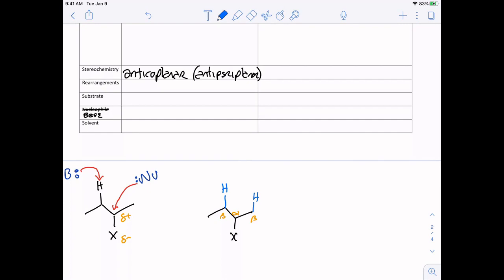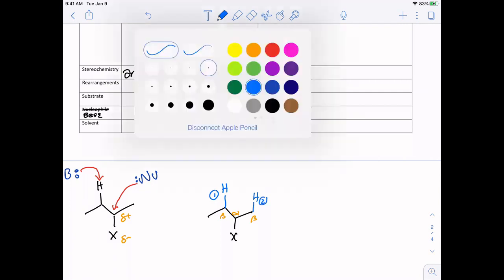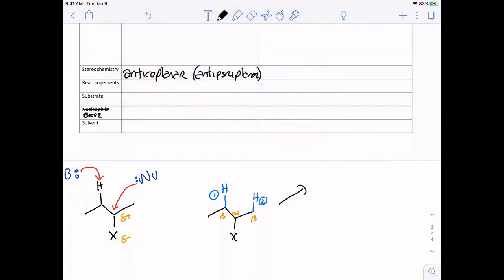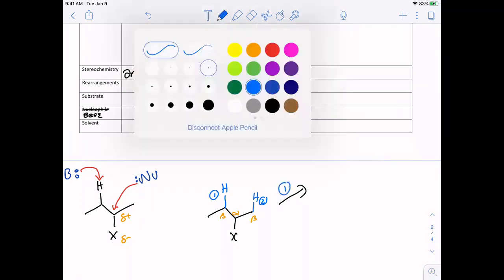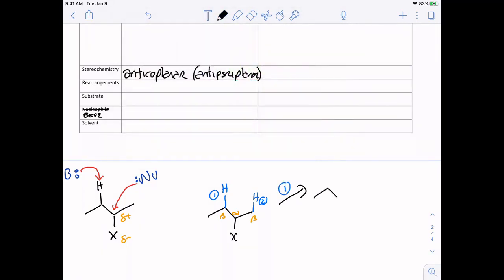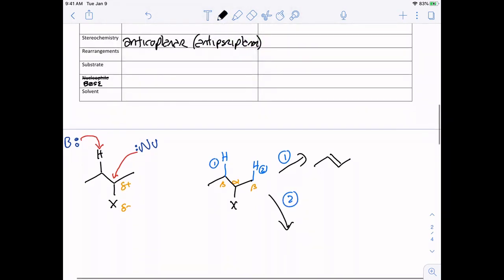So we actually have 2 options. We'll call this hydrogen 1. We'll call this hydrogen 2. So if I removed hydrogen 1, I get that product. If I remove hydrogen 2, I get this product.